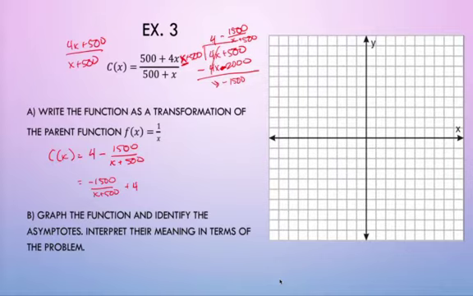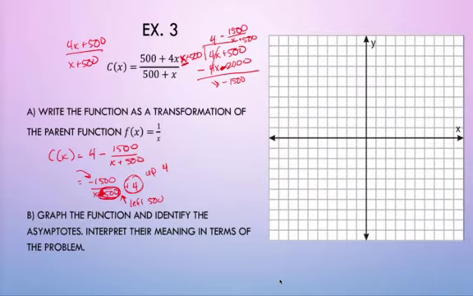So what transformations are occurring here? This is going to be shifted up 4. Having this in the denominator means that this is shifted to the right 500. Sorry, left. That's a plus. To the left by 500.